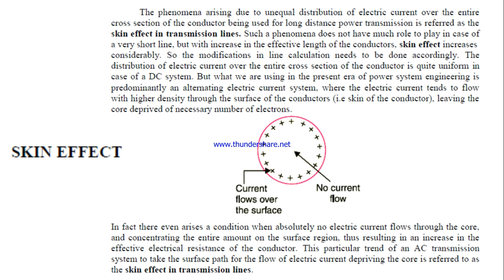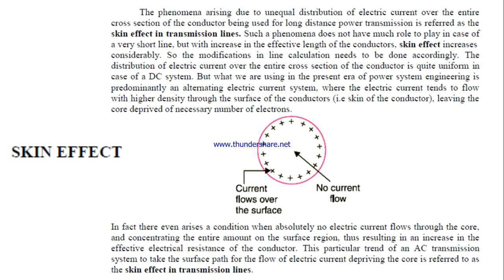But what we are using in the present era of power system engineering is predominantly an alternating current system, where the current tends to flow with higher density through the surface of the conductor, leaving the core deprived of the necessary number of electrons. Obviously, at the mid-center there will be no current flow. In fact, there even arises a condition when absolutely no current flows through the core.